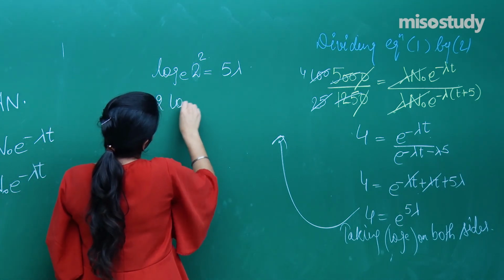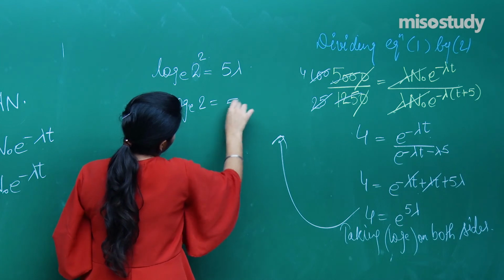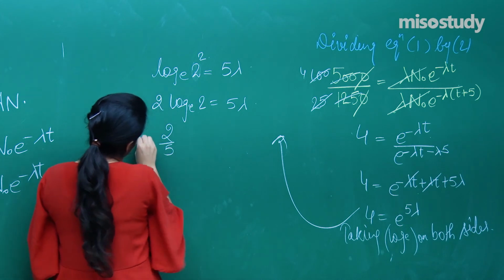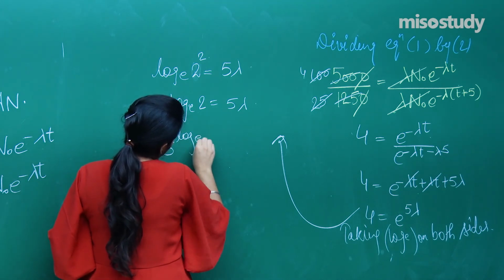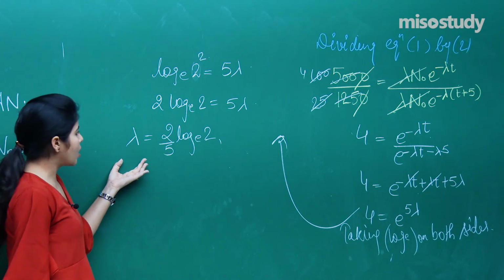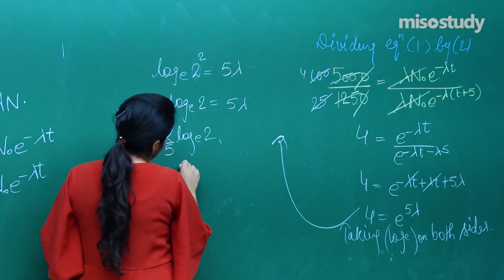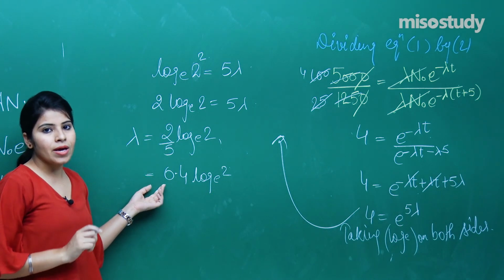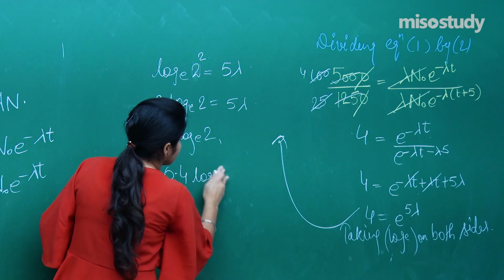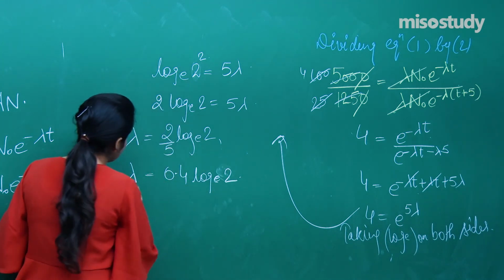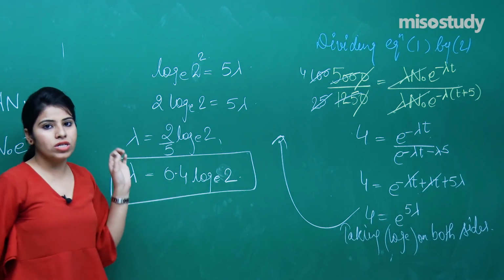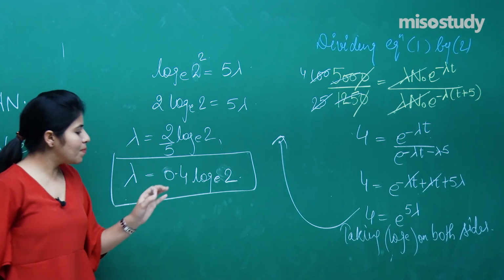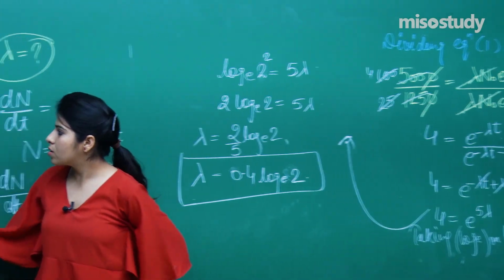So then it will become 2 log e base 2 equals 5 lambda. From here you will have your lambda as 2 by 5 times log e base 2. Now 2 by 5 will be 0.4, so 0.4 log e base 2. This is your lambda that we have come to. Now we have to verify, this is not 6, this is 0.4. Now we will verify whether this is correct or not.